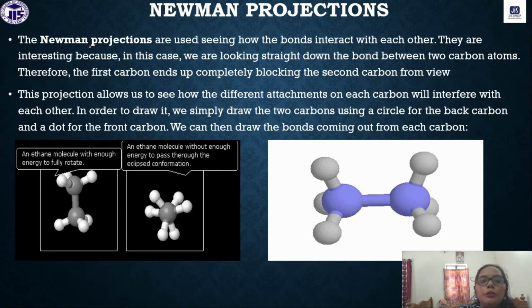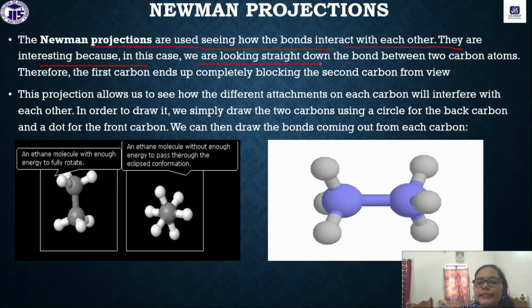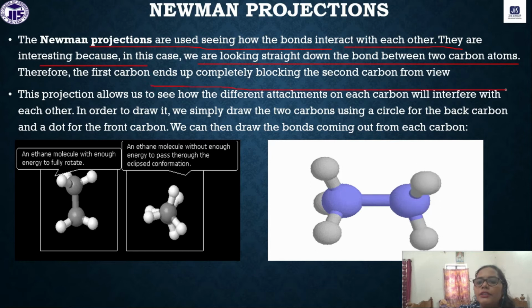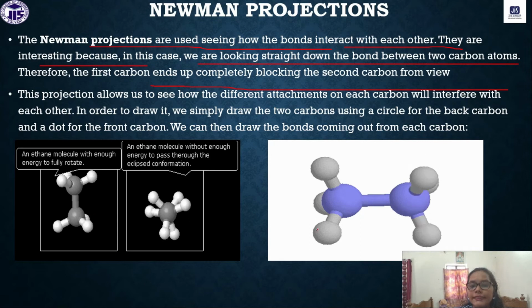Newman projections are used for seeing how the bonds interact with each other. We are looking straight down the bond between two carbon atoms, and the first carbon blocks the back carbon from view.